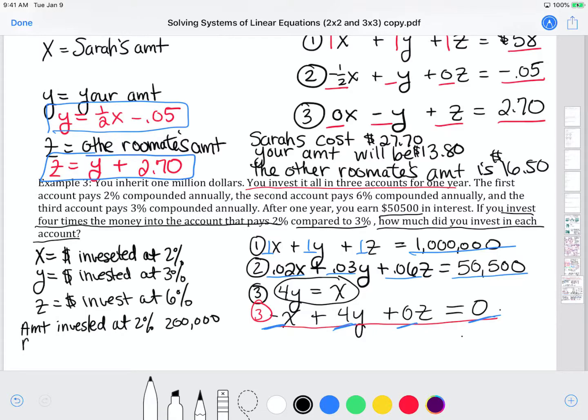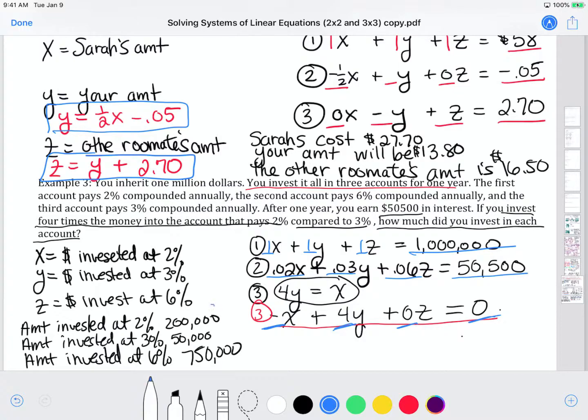So I would say the amount invested at 3% is 50,000. And then the last value, z, which is the amount invested at 6%, will be 750,000. So this would be my final answer.